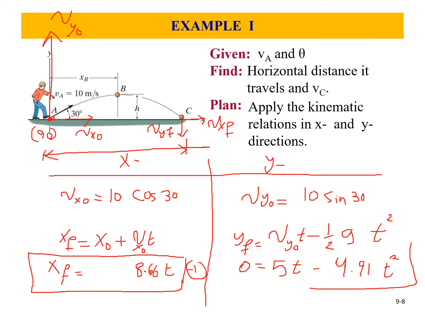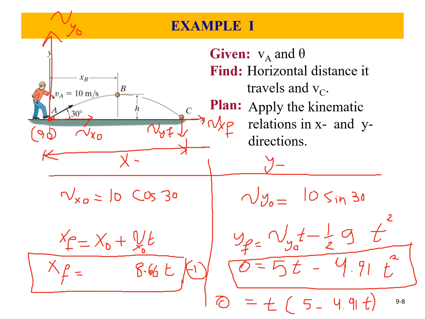Look at this. This is my second equation of motion. How many unknowns do I have here? Only one, the t, correct? So what do you do? You move one to the other side, or you can say that they equal 0, right? So you say 0 equals, take t outside, t multiplied by 5 minus 4.9 t.